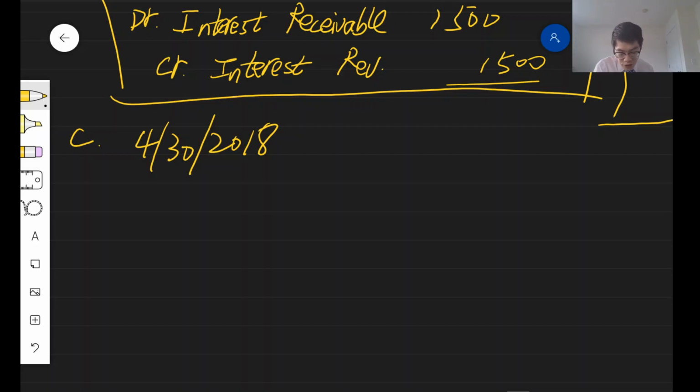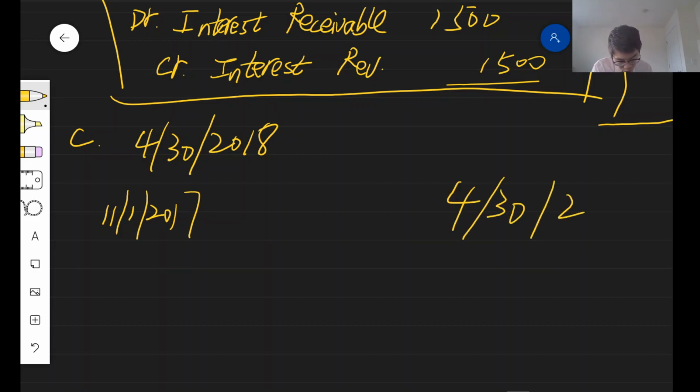We only receive interest, because principal will only be repaid when it is mature. Now from 11/1, 2017 to April 30th, 2018, how many months do we have?